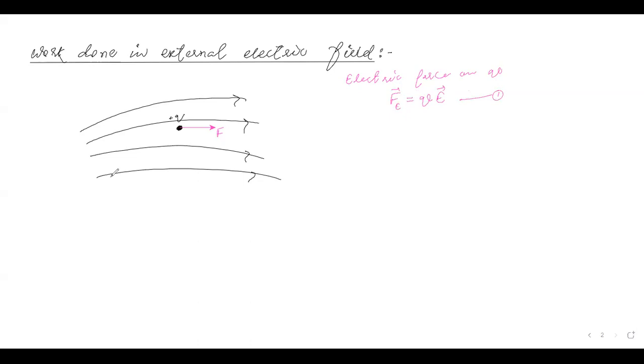Now what happens if we apply an external force upon this charged particle in the opposite direction of F electric? Then we can draw it like this. This is the force acting upon this charged particle opposite to the direction of F electric. You can write it F ext, in the sense F external.